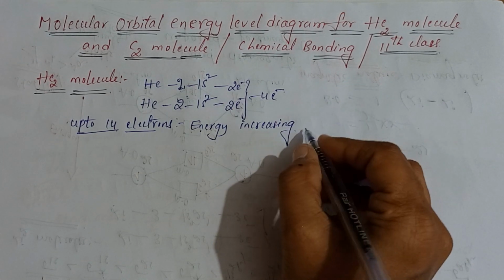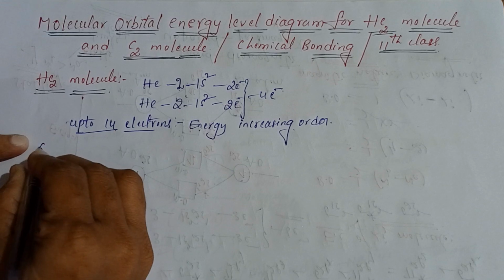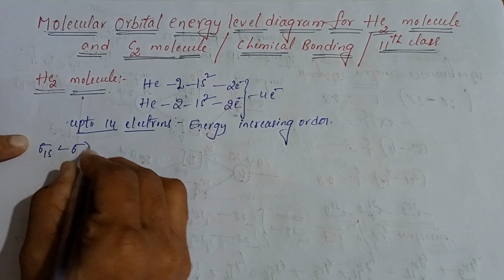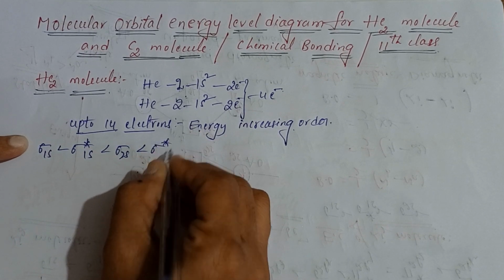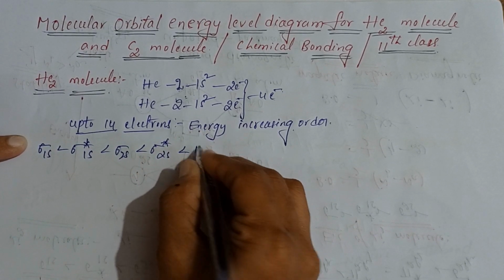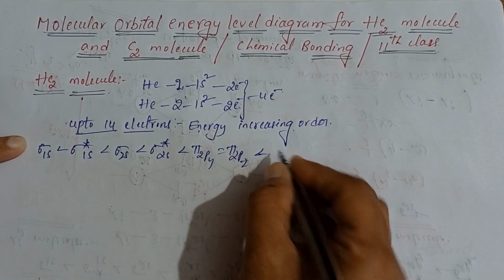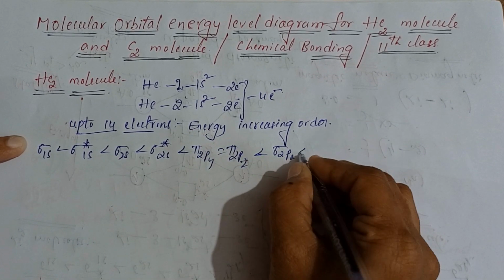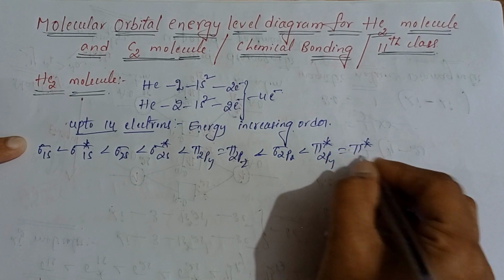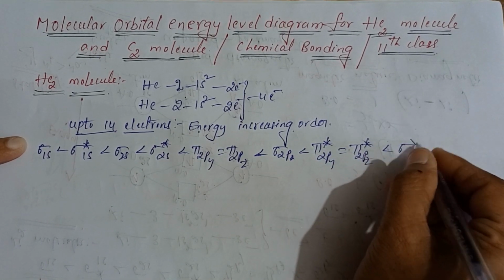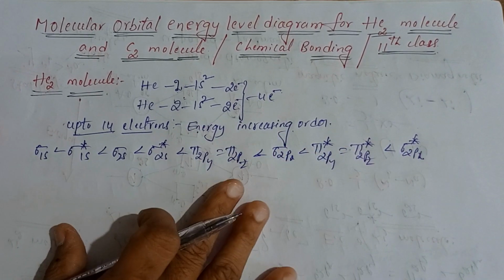I am writing here up to 14 electrons: sigma 1s less than sigma star 1s less than sigma 2s less than sigma star 2s less than pi 2py equal to pi 2pz less than sigma 2px less than pi star 2py equal to pi star 2pz less than sigma star 2px. Clear? So this is the energy increasing order.